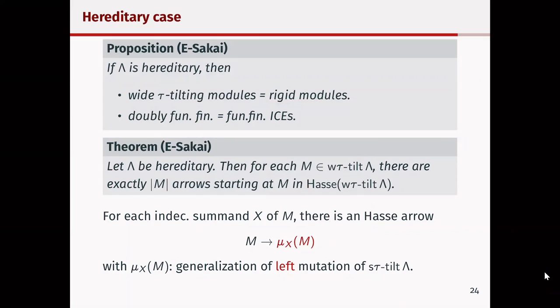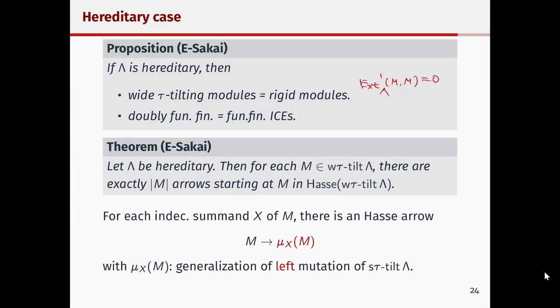And rigid means that the self-extension vanishes, so modules satisfying this Ext vanishing condition. This is a global condition. It doesn't depend on wide subcategory, so it's a very simple homological characterization of wide tau-tilting modules.